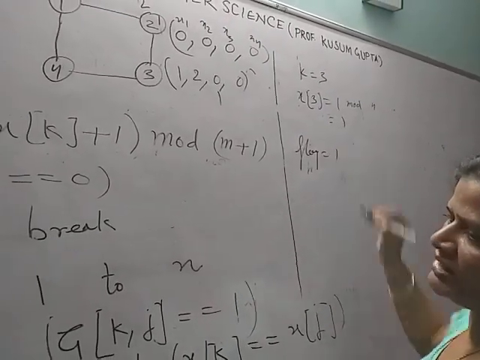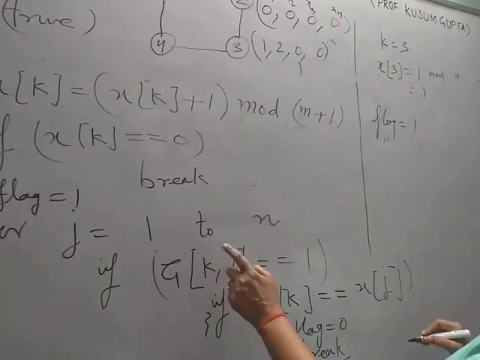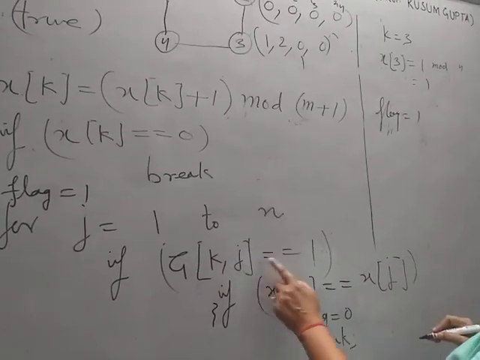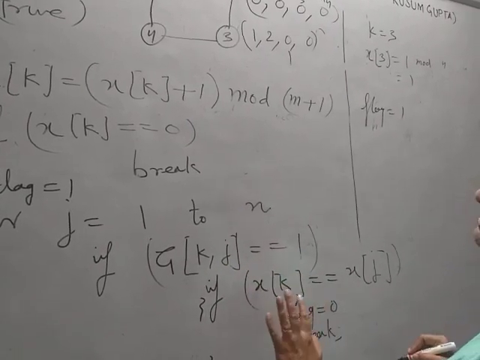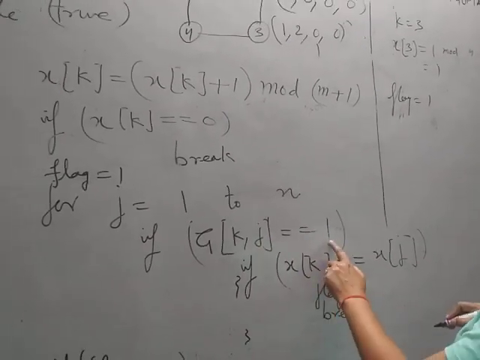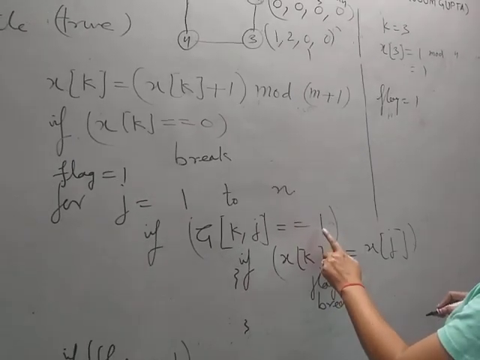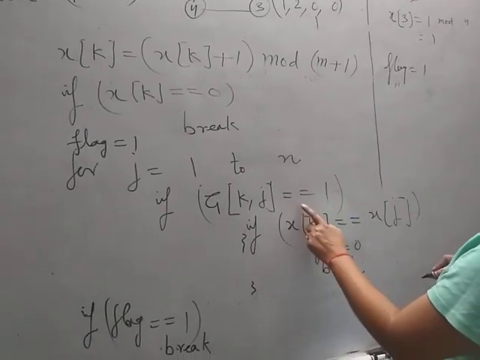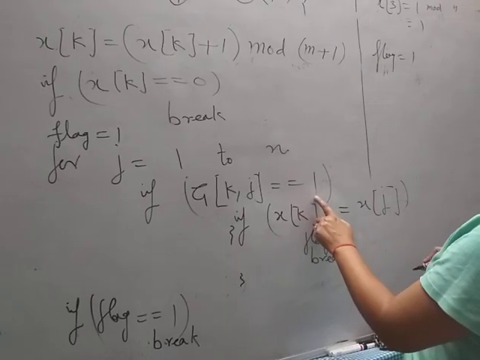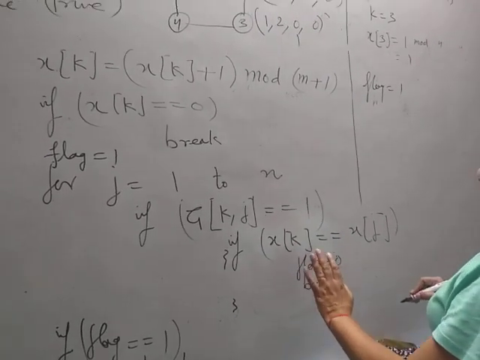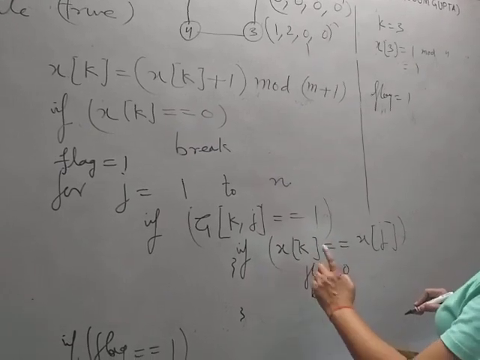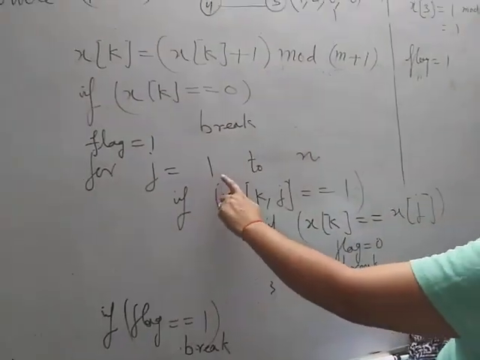J is equal to 1. 3 and 1 are not adjacent. So this condition is false.